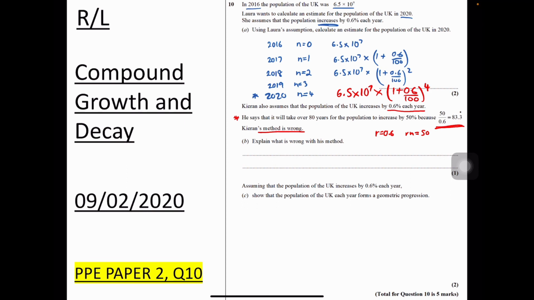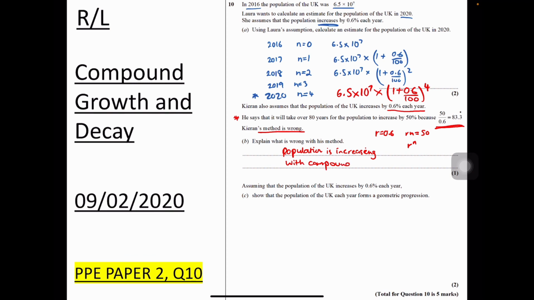Remember, compound growth involves exponents, so it has to be R to the n, right? So the reason why his method is wrong is because the population is increasing with compound growth, something along those lines.